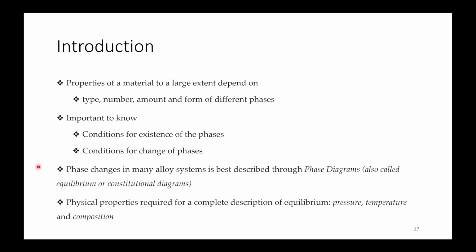Now, phase changes in many alloy systems are best described through phase diagrams, also called equilibrium or constitutional diagrams. The physical properties required for a complete description of equilibrium are pressure, temperature, and composition.